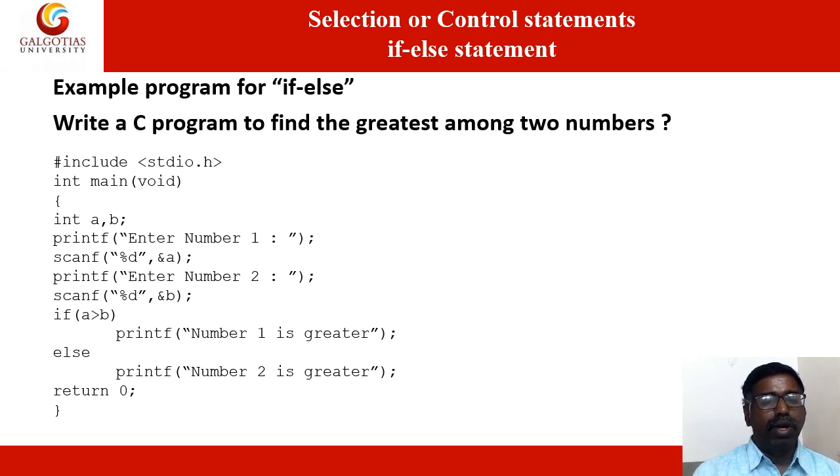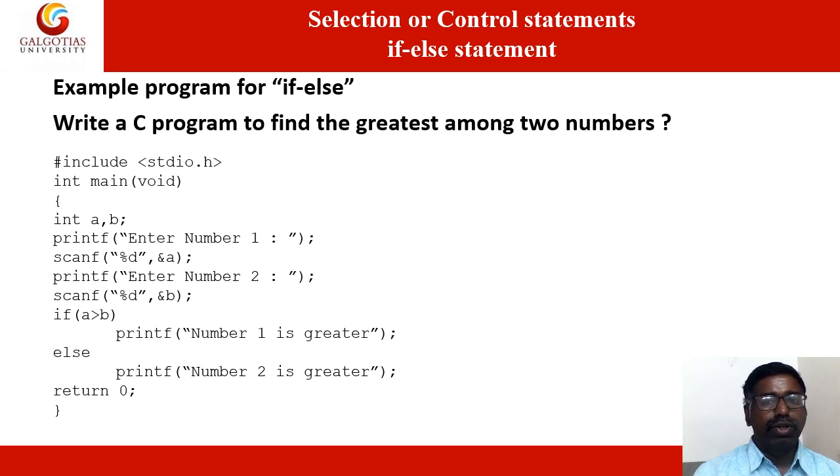Now integers a, b are declared and we ask the user to enter number 1. It is read and assigned to the integer variable a, and then we ask the user to enter number b, which is assigned, and it is checked by means of an if statement: if a is greater than b.